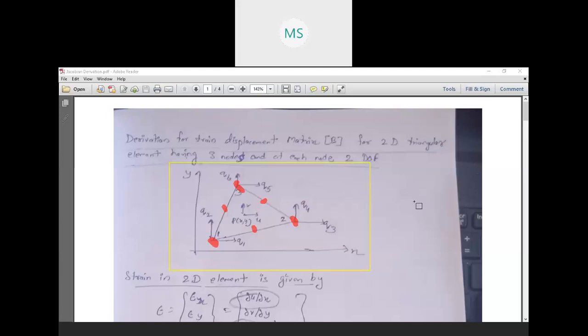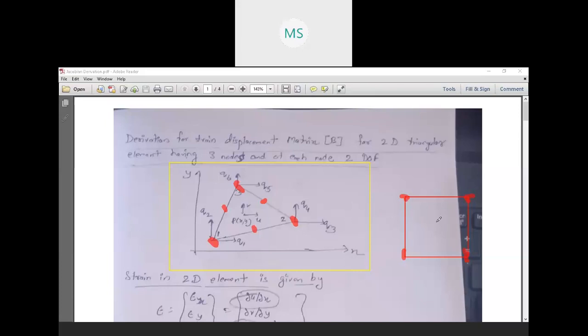And suppose this is your quad element. When we see the quad element, we call it a 4-noded element. This is the first node, this is the second node, this is your third node, and this is your fourth node.